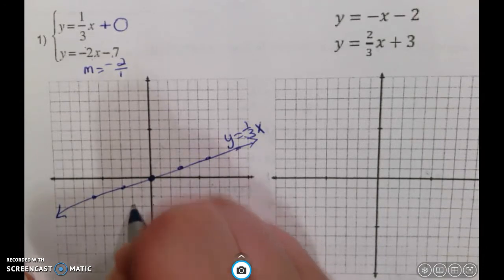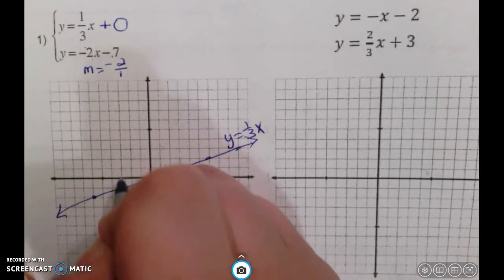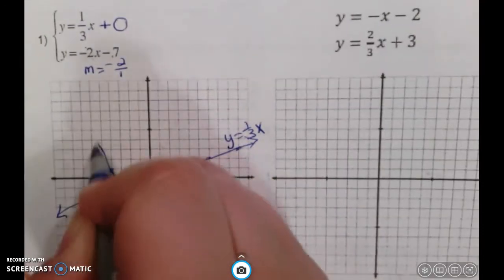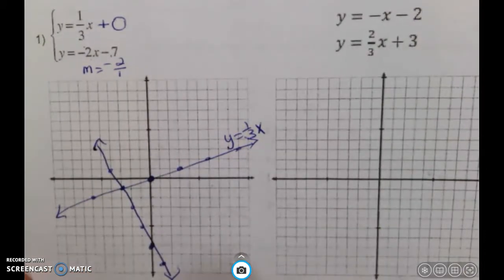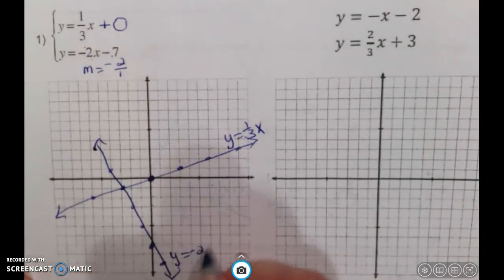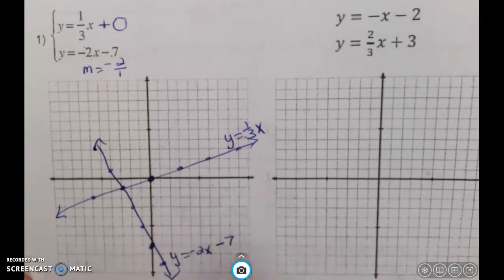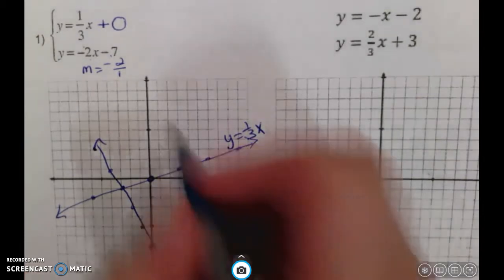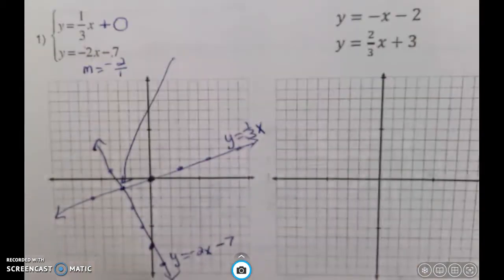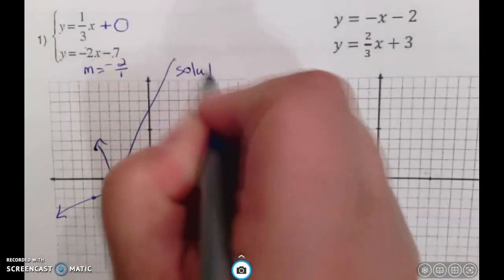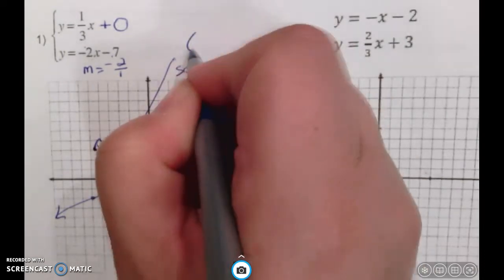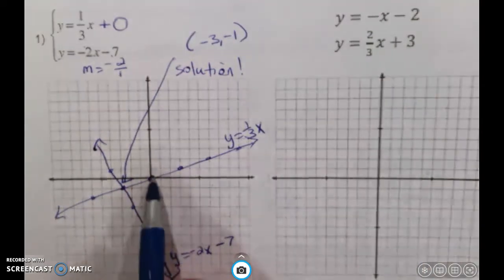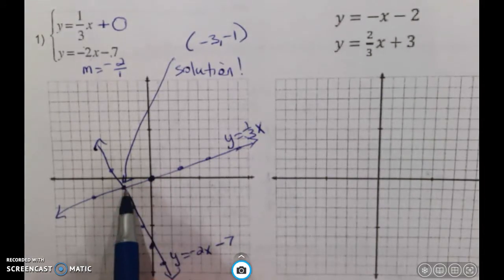But when you step back and look at your graph, you want to make sure that you can see that your graph is decreasing as you read the graph left to right. So my job right now is to take a look. The solution to the system of equations is the intersection of the 2 lines, and it's the name of the ordered pair. So that is my solution. All right, and my solution would be negative 3 comma negative 1, because from the origin I went left 3 and down 1.